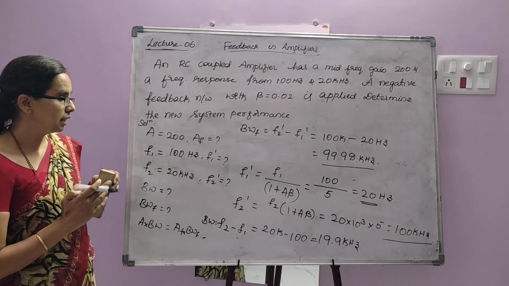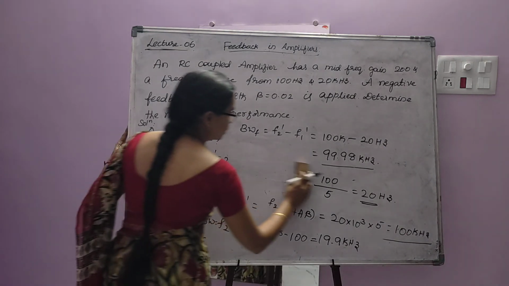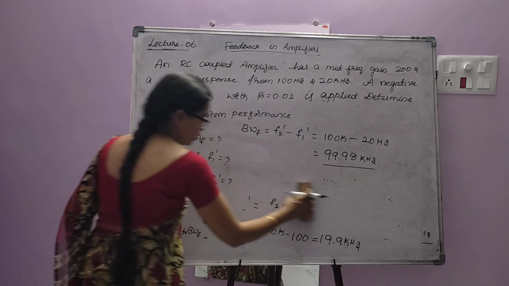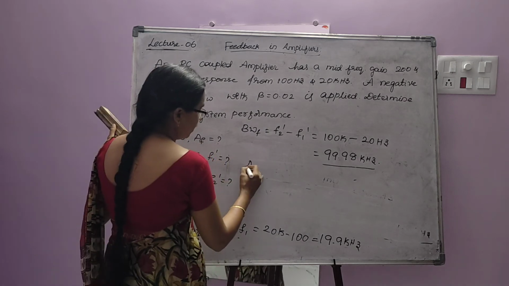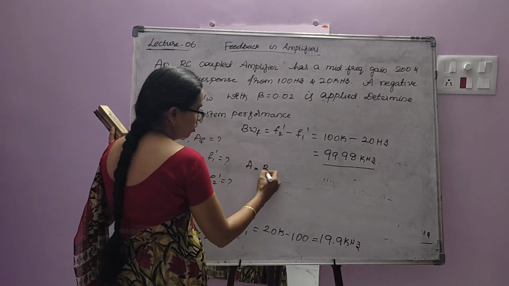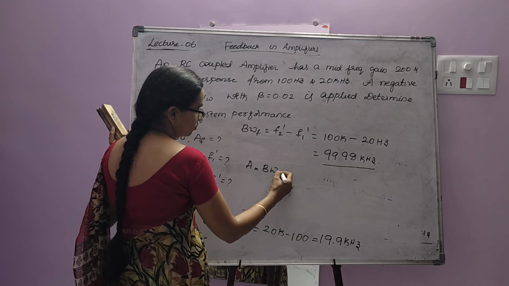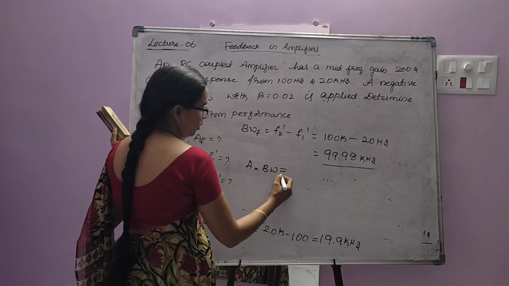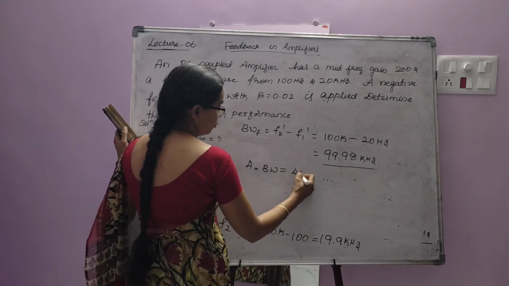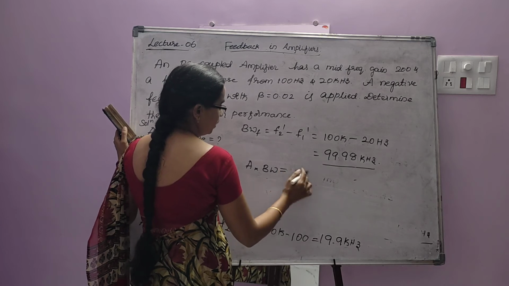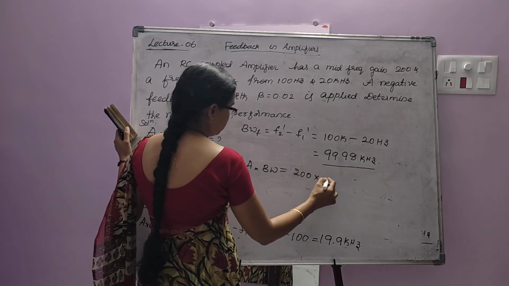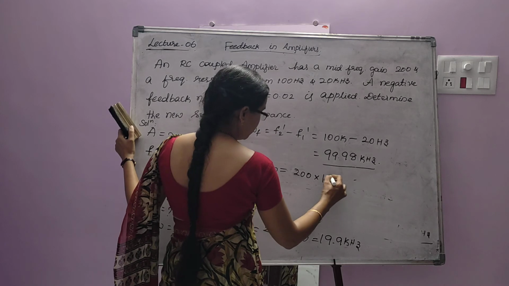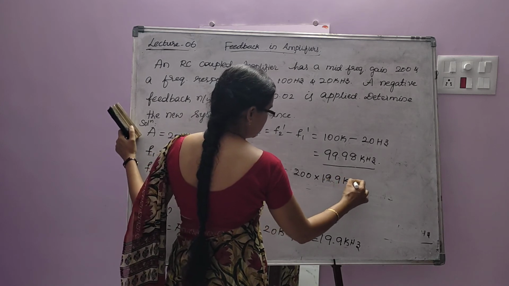So let's calculate the gain bandwidth product. A into bandwidth, that is gain without feedback, is 200 into 19.9 kilo.